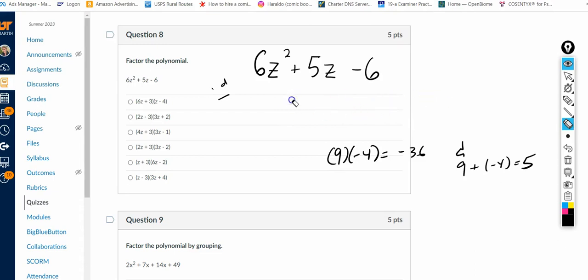So I'm going to rewrite this as 6z squared, and then instead of 5z, I'm going to do 9z minus 4z because I found my 2 numbers, and then minus 6.